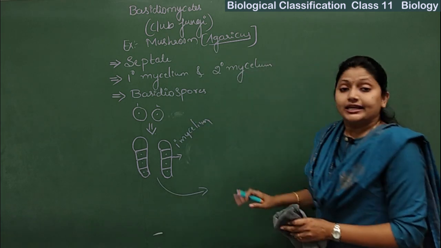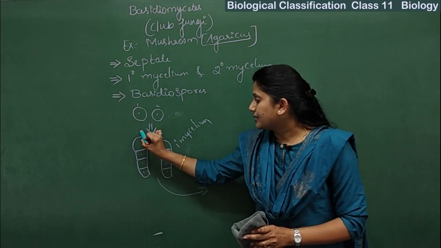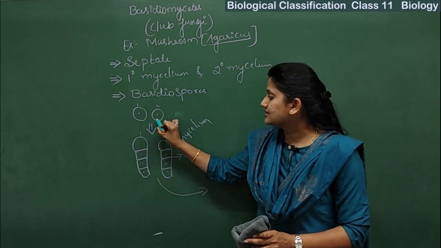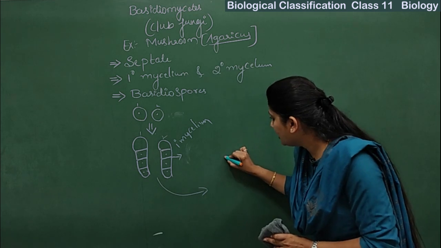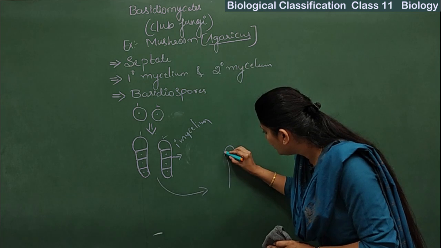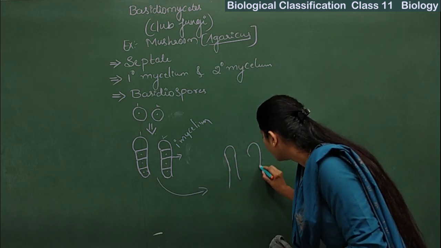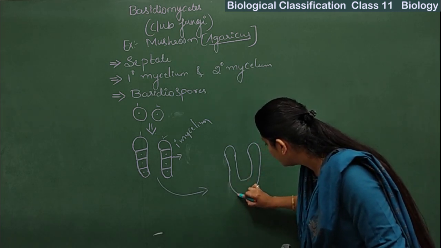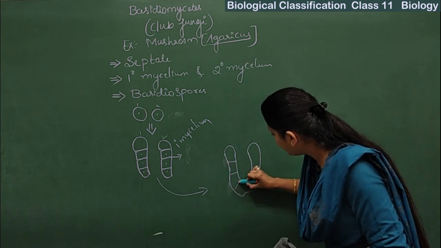The next step is that these two primary mycelia, primary mycelium number 1 and 2, one has come from the first spore and the other from the second spore, will now fuse. They will fuse like this. Again, it is septate only.